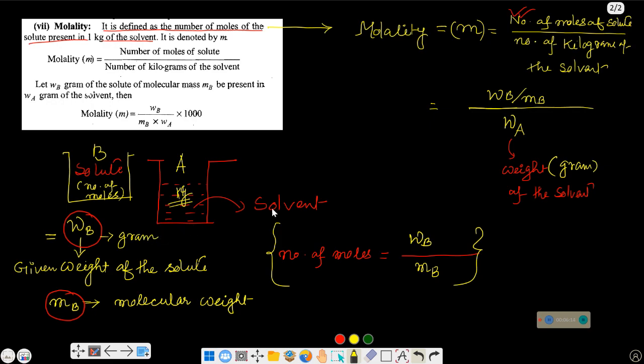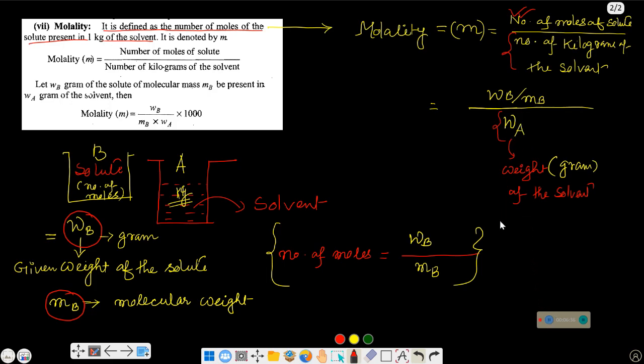Now it is saying that the number of kilograms of the solvent in the denominator, you should not take it in grams. Etu tumi kihot lobo nwariba? Etu tumi gramot lobo nwariba. Etu kimanot lagibo? Kiman kilogram ase lagibo. Eta Wa gramot kiman kilogram hobo ami hetu likhibo lagibo.